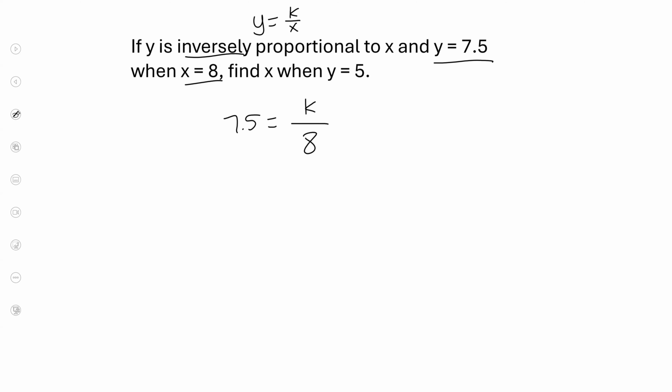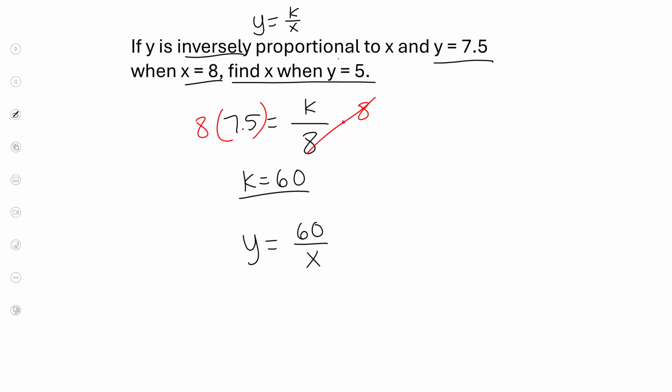So let's go ahead and solve for K. Multiply both sides by 8, and you will get 8 times 7.5 is 60. Okay, so my formula will be Y equals 60 divided by X. That's my K value.